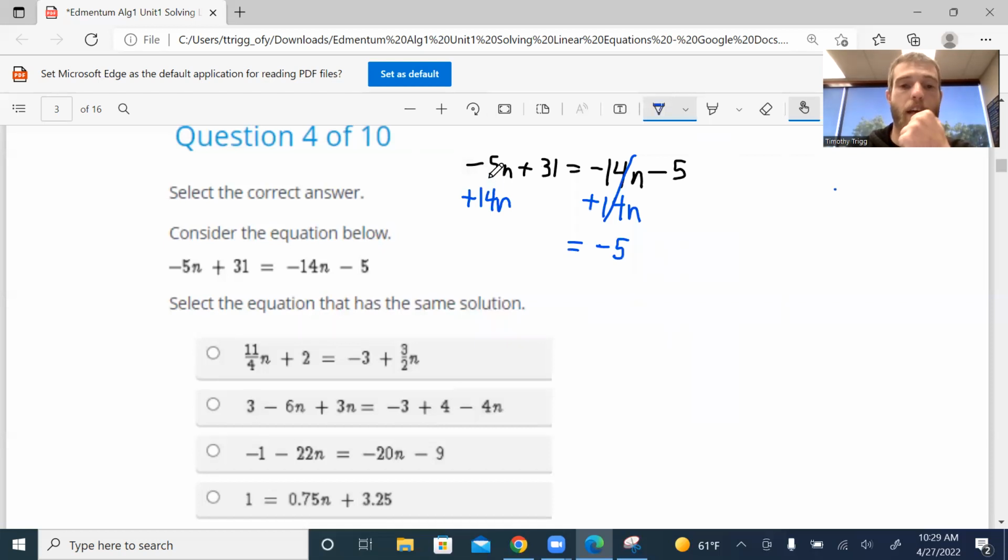Over here on the other side, though, negative 5n plus 14n, well, one positive, one negative, they actually subtract, right? I know it says plus, but these actually subtract each other. So that's going to give you 9n. In this case, positive because you have more positives. There's still a plus 31 here as well.